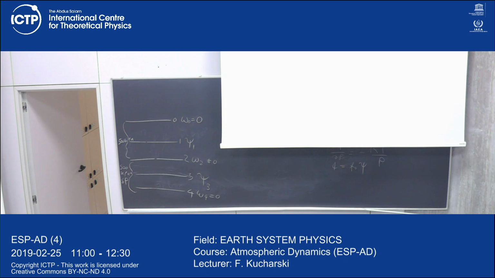Now lambda square is our typical stability parameter for the atmosphere. We have given some number previously. So now we can calculate what this number is. And it turns out that this number, if we take the square root of this, is around 4,000 kilometers.